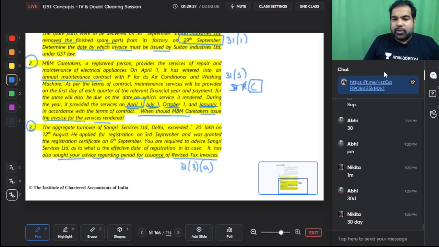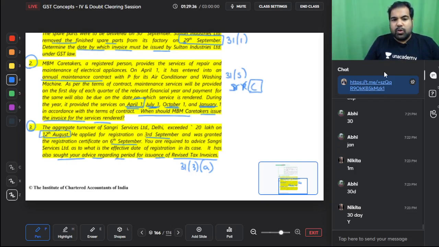Guys, you applied for registration on 3rd September. You were granted on 6th September, but were you applying within 30 days? Yes. So your effective date is 12th August. So now from 6th September, you have to issue revised invoices within 30 days. That means till 6th October.